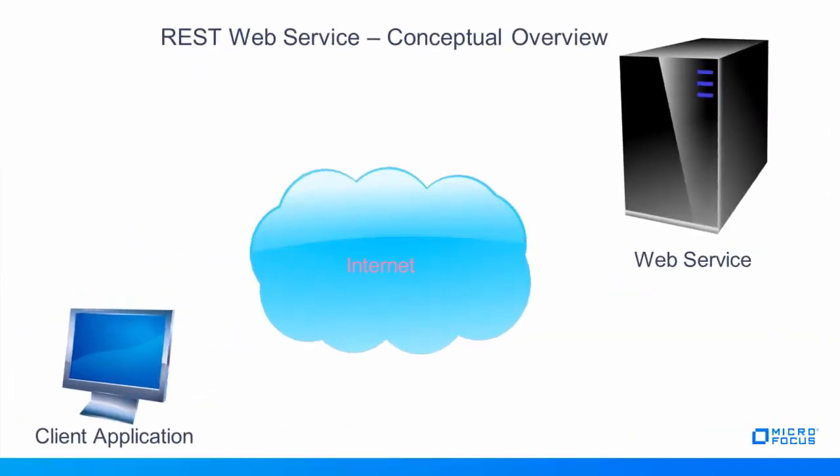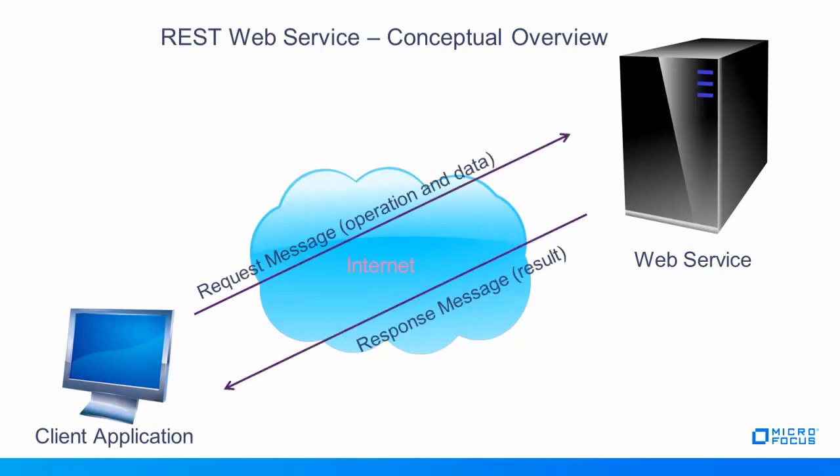An application that wishes to make use of a web service, called a client application, can send a request to it and receive a response from it. Visual COBOL REST web services receive and send data in JSON or JavaScript Object Notation format.